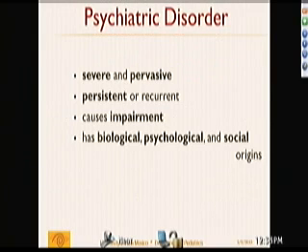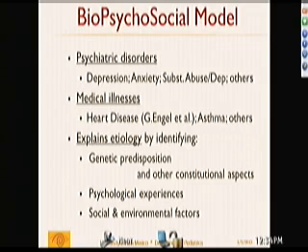Well, the psychiatric disorder is described in a great section in the DSM, probably the best section I've ever read in the DSM. It describes a psychiatric disorder as severe and pervasive, so it keeps going on across different settings. It's persistent or recurrent across time, causes impairment, and has biopsychosocial origins.